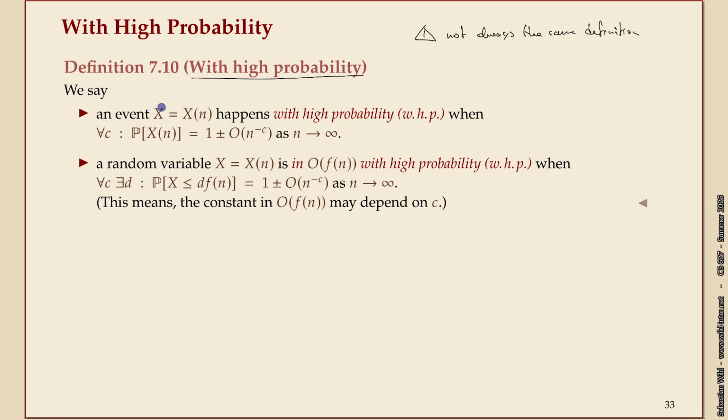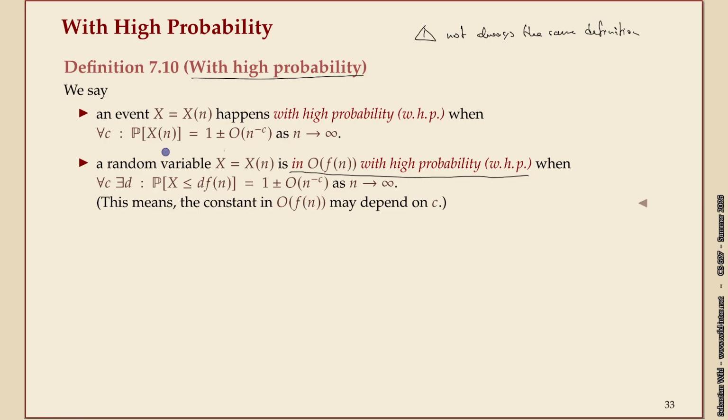That's for events. The slightly more widespread version or more useful one is to bound random variables. And this is a tad more subtle. So we say a random variable, again assuming it depends on some parameter, is in O of f of n with high probability. So the whole phrase, this whole thing is one technical statement, okay? Well, when this is true, well, what does it mean?